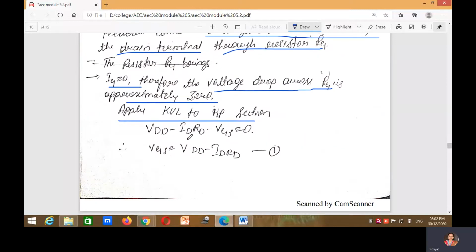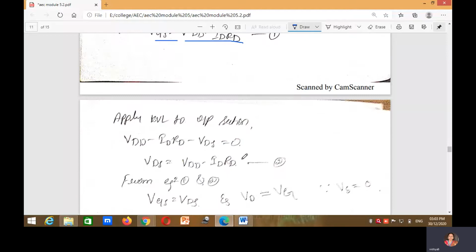So you will get VDD minus IDRD minus VGS is equal to 0. So VGS is equal to VDD minus IDRD.